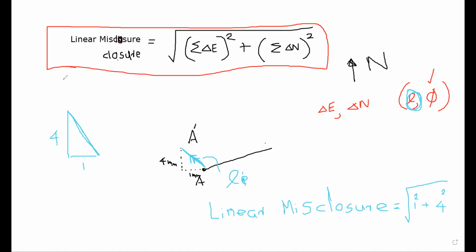We expect 0. So what you get is the error in each direction, the horizontal and the vertical displacement. Then the total displacement or total error can be calculated by applying the Pythagoras theorem.